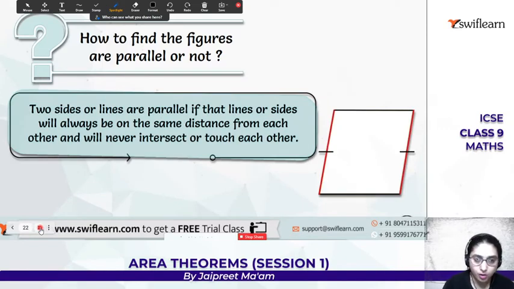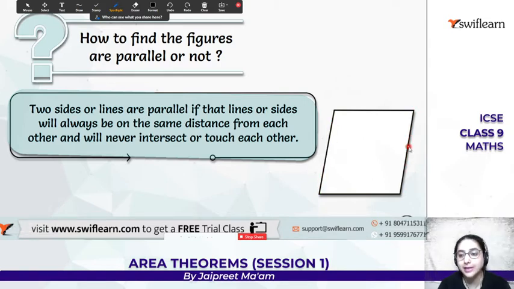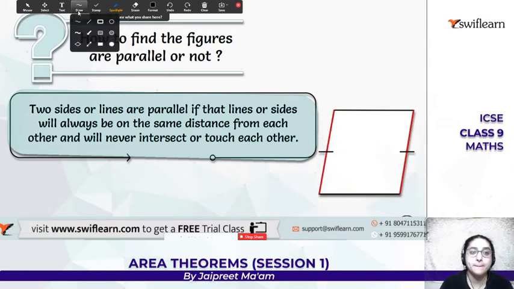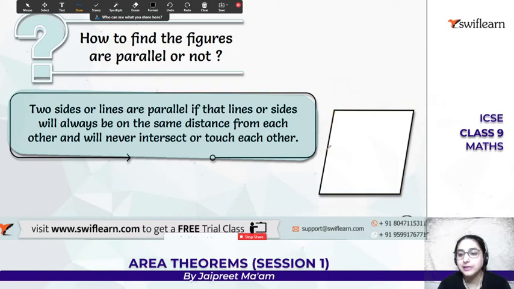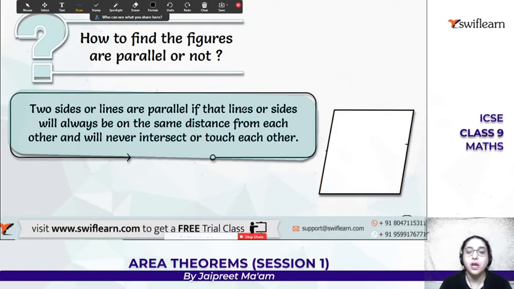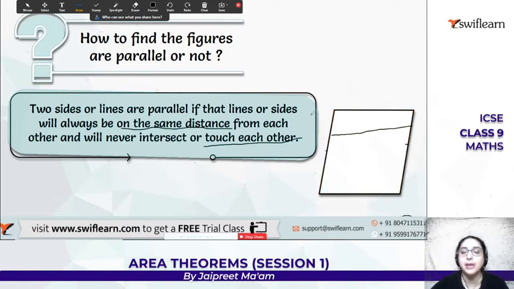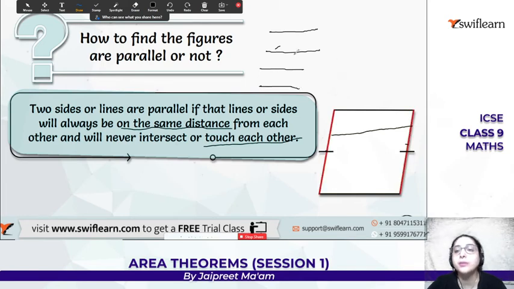Two sides or lines are parallel if they will always be at the same distance from each other and will never intersect or touch each other. A parallel line example can be a railway track or the two sides of a road, which will never meet.